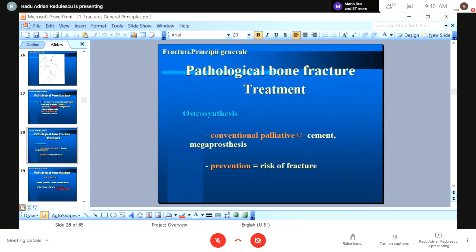Or sometimes we may even resect that part of the bone and replace it with a sort of prosthesis, which are called mega prostheses because they are very big and they have, by construction, special modules that will replace the resected area of the bone.